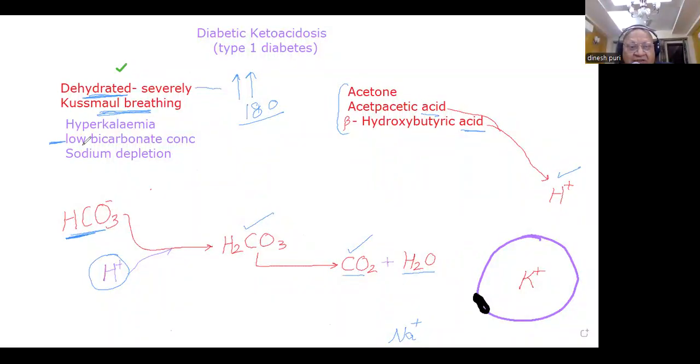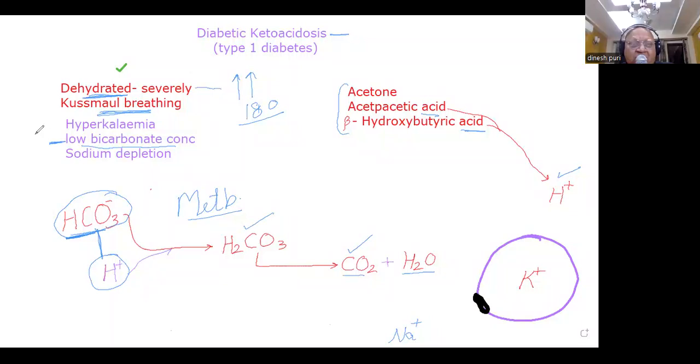That also explains why low bicarbonate concentration is there, because bicarbonate is getting consumed in neutralizing the H plus. And this, of course, all of you know, low bicarbonate concentration is called metabolic acidosis. There is another form also, respiratory acidosis, but diabetic ketoacidosis is metabolic acidosis.